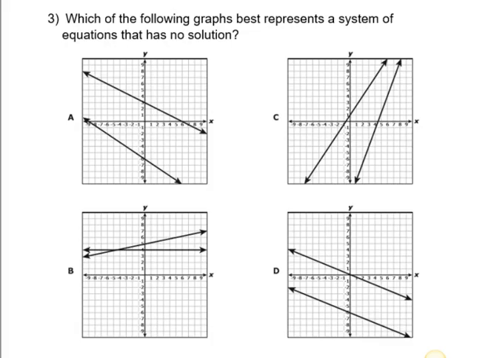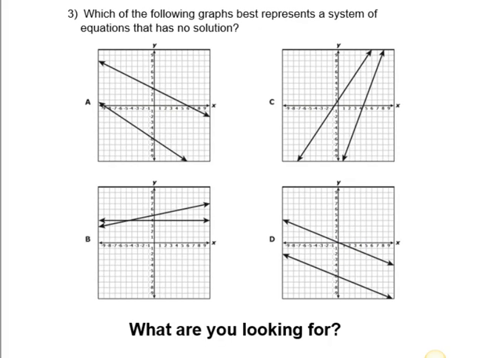Which of the following graphs best represents a system of equations that has no solution? Okay, so let's look at our graph for A, for B, for C, and also for D. What are we looking for?